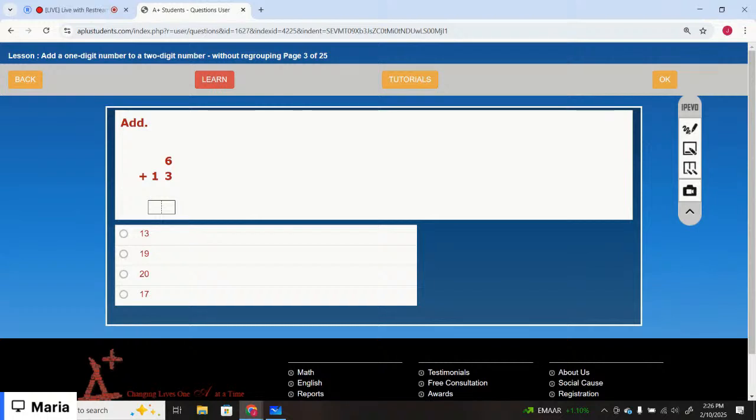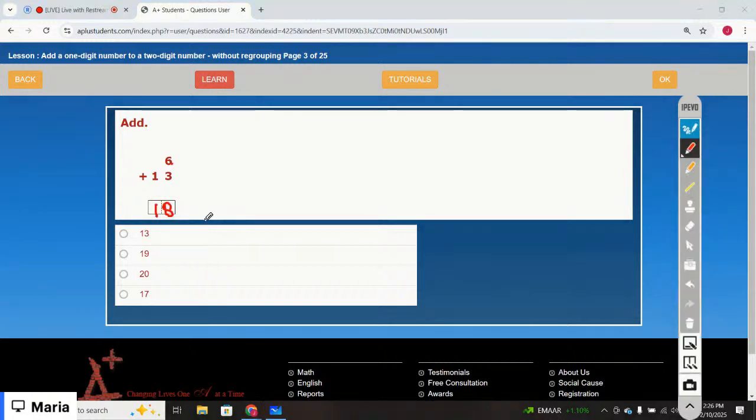16 plus 3, which is the correct option? Start adding the digits that are at the ones position. So you have to add 6 plus 3. 6 plus 3 makes 9.